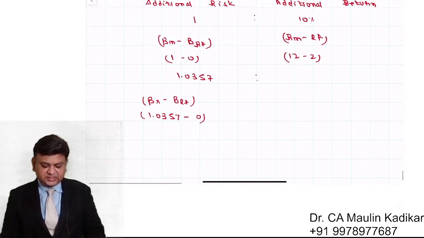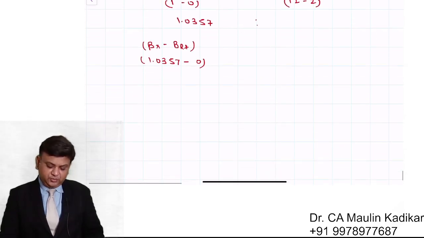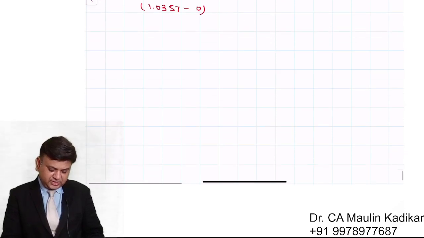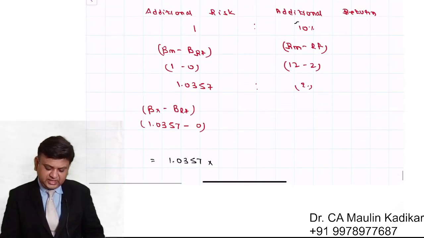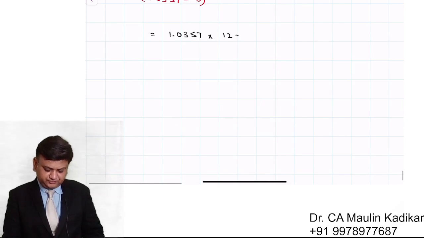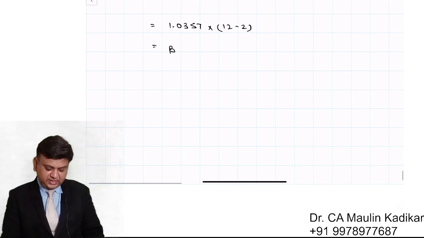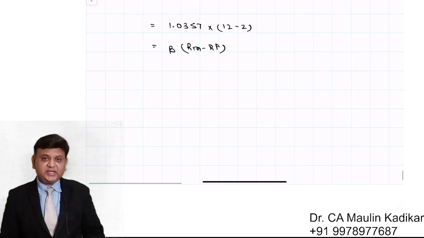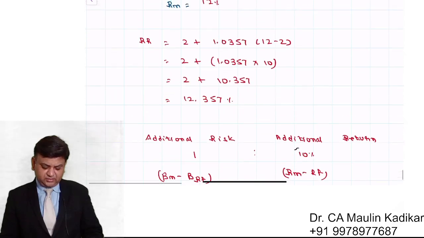So as much additional risk as there is in this security in comparison to the risk-free security, I need that much additional return. How is that calculated? It is calculated as 1.0357 into 10. How did the 10 come? 12 minus 2. So we understand it is beta into RM minus RF. This is the additional return which is required by the investor over the risk-free rate of return.